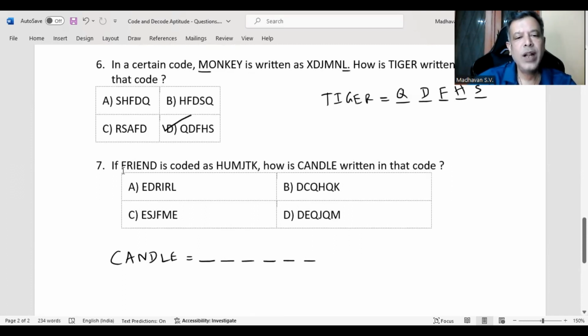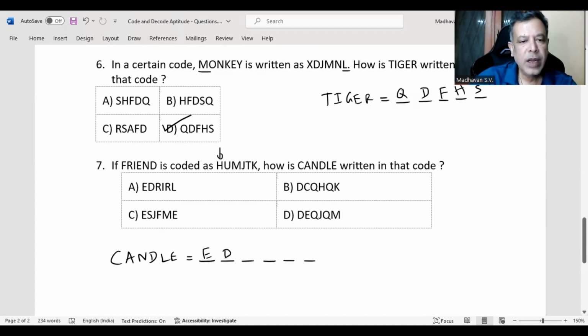FGH means one letter is skipped to reach H. OPQRST, two letters are skipped for U. Same way, one letter if we skip after C, D has to be skipped, then E will come. Then two letters, and then D should come.